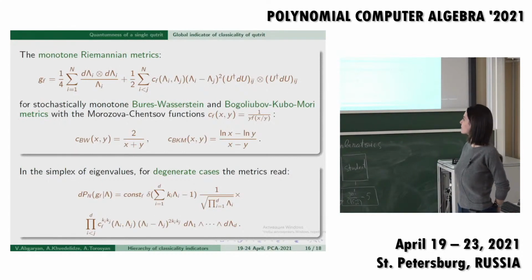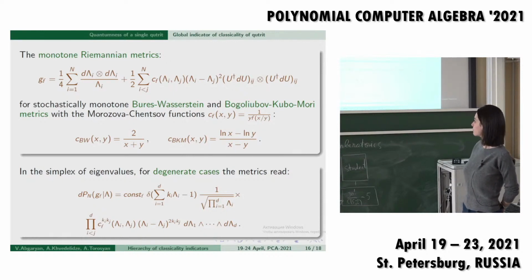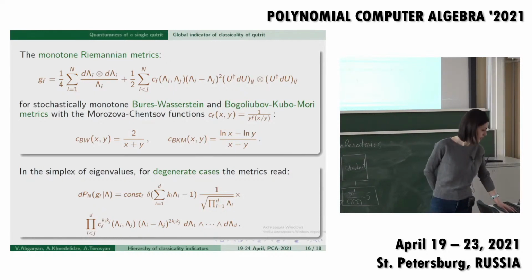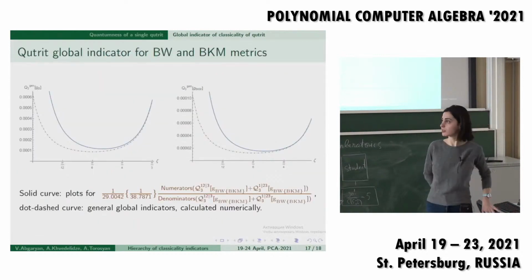And so the final run is to consider also two monotone metrics, the Bures-Wasserstein and Bogolyubov-Kubo-Mori metrics, and for them the same calculations are the following.